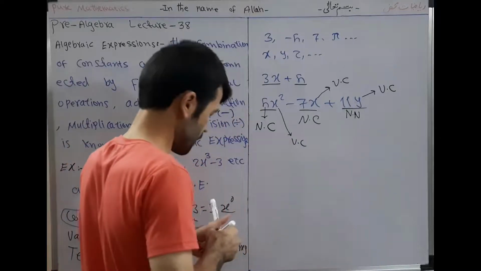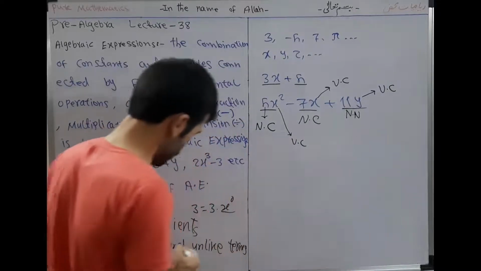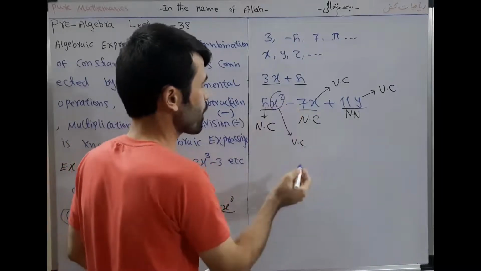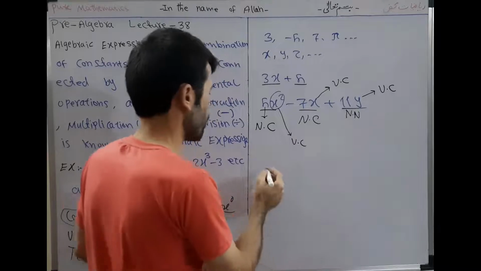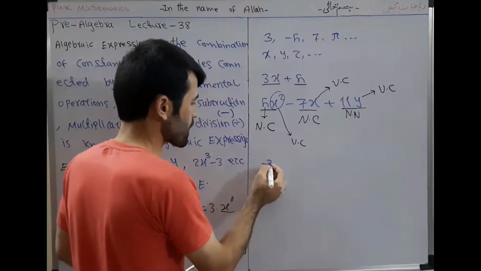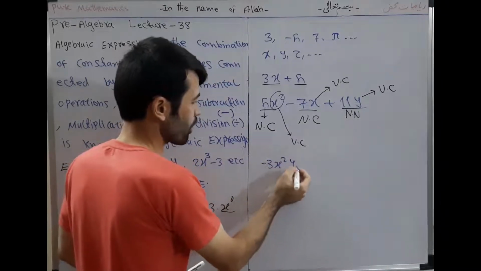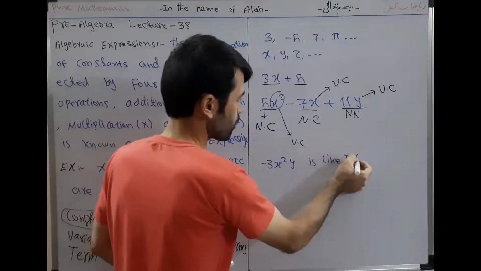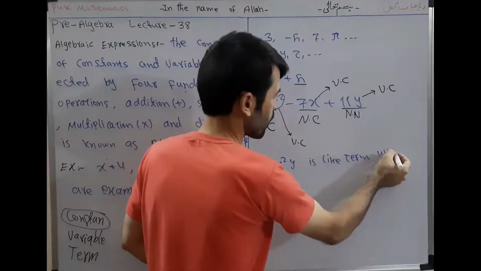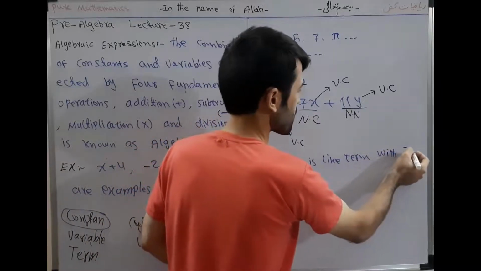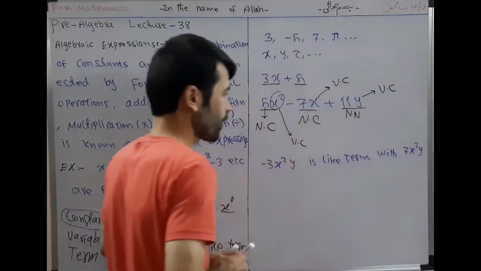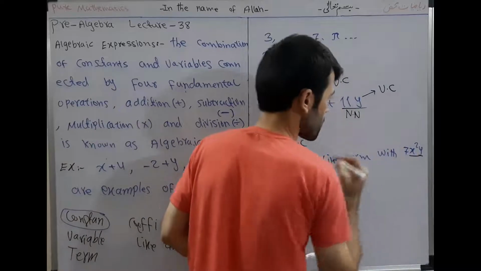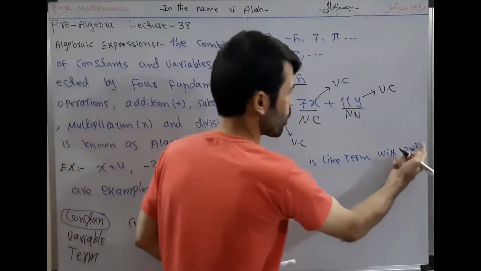Like terms: those terms whose variables are the same are called like terms. Example, minus 3x square y is a like term with 7x square y, because their variables are the same: x square y, x square y.